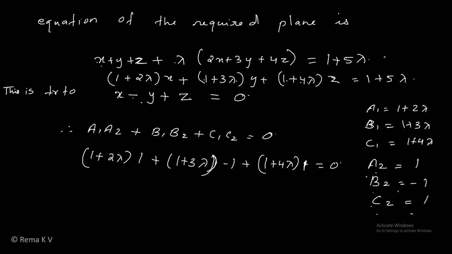In case of planes, capital letters A1, B1, C1, A2, B2, C2. Okay, on simplifying this, you will get the value of lambda as minus 1 by 3.